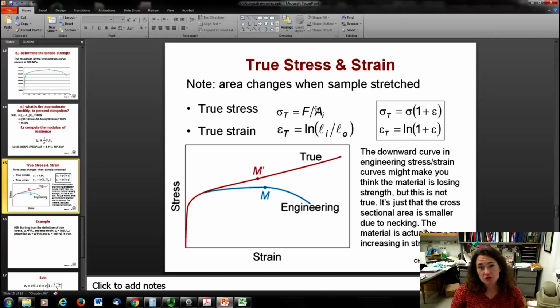You can do a derivation that we'll show in a second and show that this is actually equivalent to the engineering stress times 1 plus epsilon. The true strain is defined as the natural log of the length at the ith time, t equals ti, divided by the initial length. And that's also equal to the natural log of 1 plus epsilon.